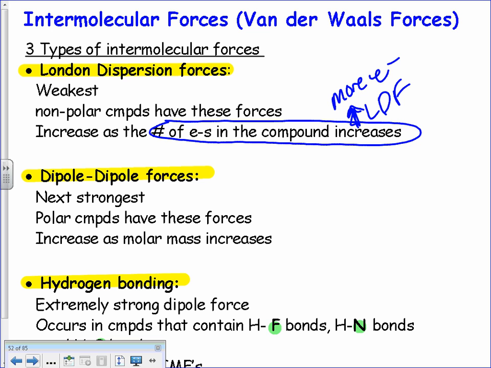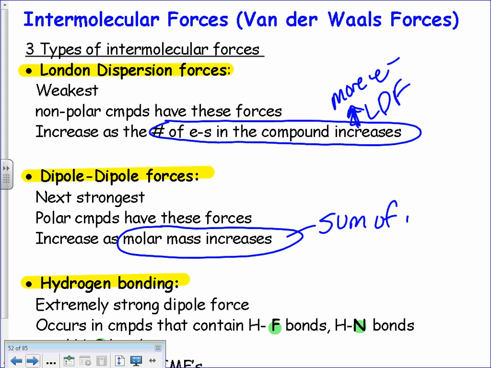Dipole-dipole, the only thing that was not in the video is if you had to compare two molecules with dipole-dipoles, who's got the stronger dipole-dipole attraction? It's going to include the increasing molar mass. This simply means the sum of the masses of the elements, or of the atoms. And I'll do an example of that in a second too.